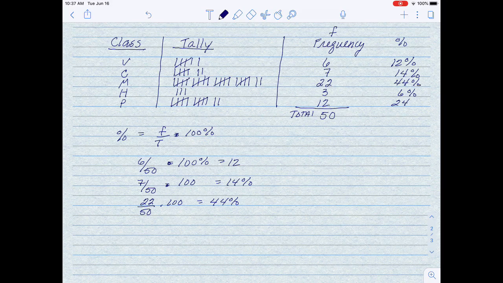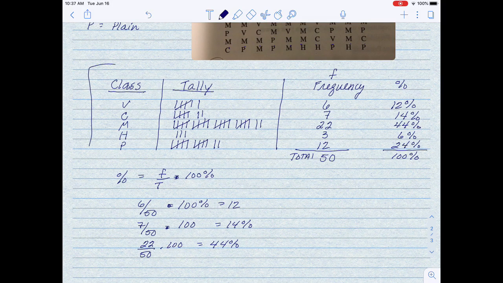And again, you should add those up and you should get 100% here, because 100% of the data is taken care of in this percentage. So now this whole thing is our frequency distribution. It's a categorical frequency distribution.